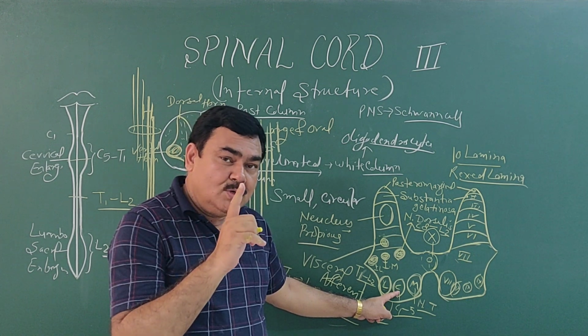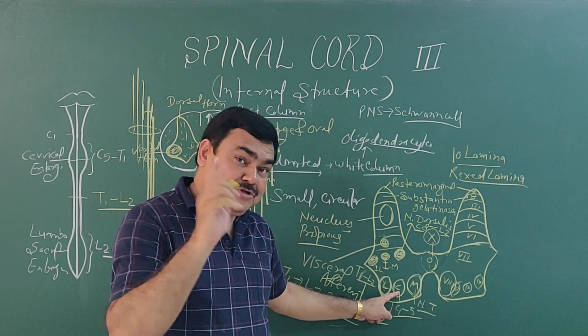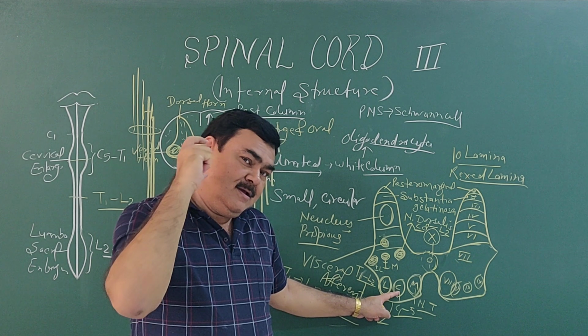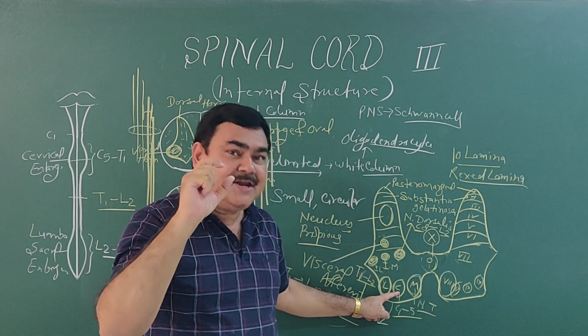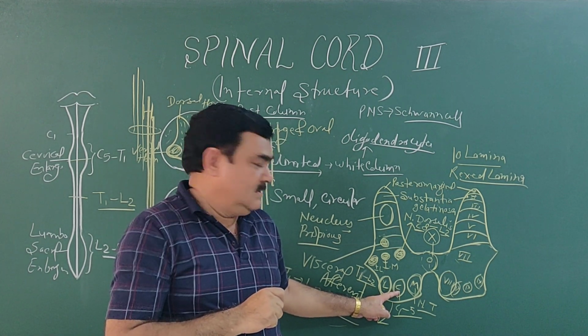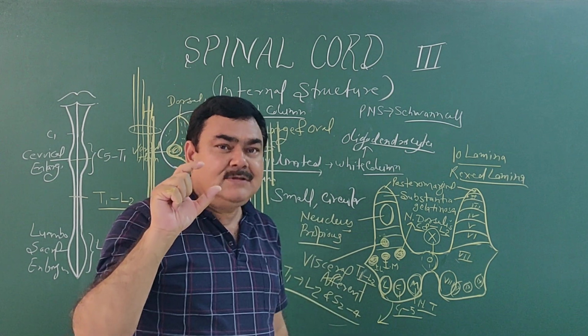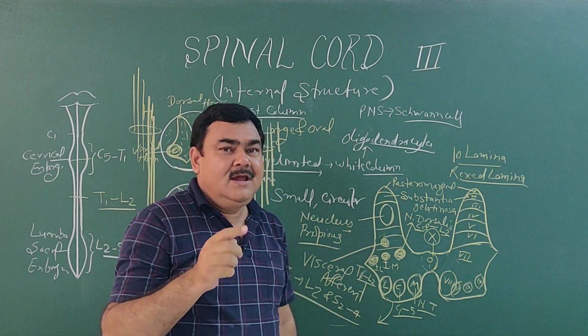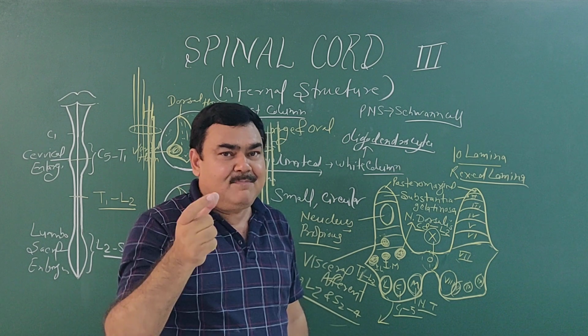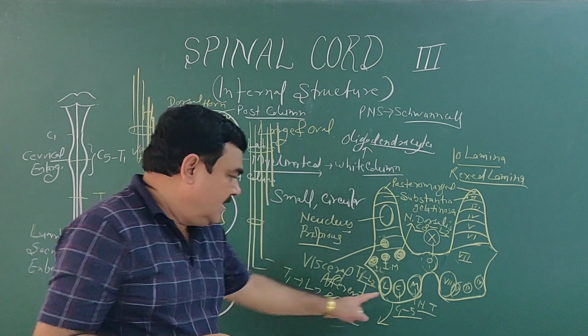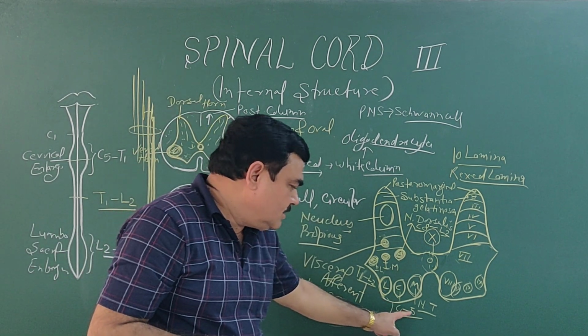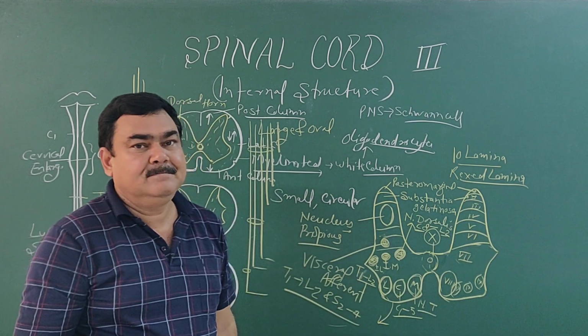C1 to C5 segments give supply to the spinal accessory nerve. As you know, this is the 11th cranial nerve. It has a cranial part and a spinal part, so the spinal part arises from C1 to C5 spinal segments.